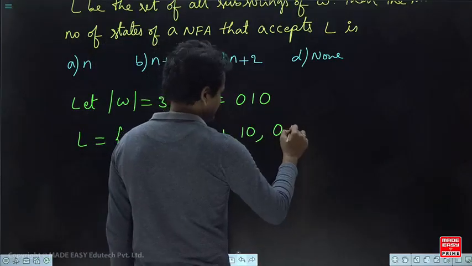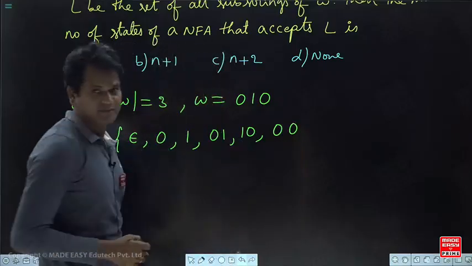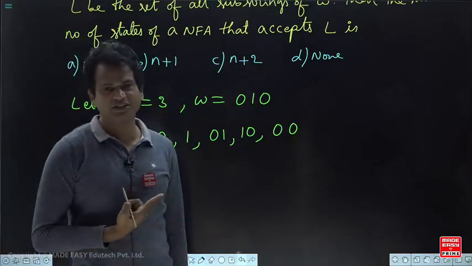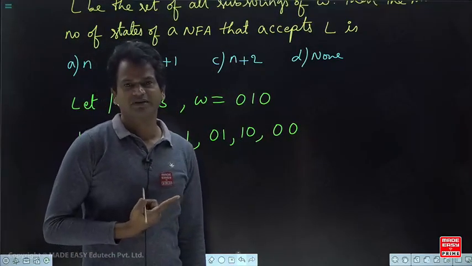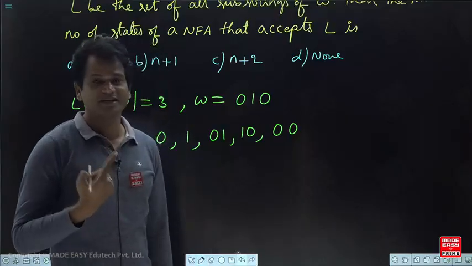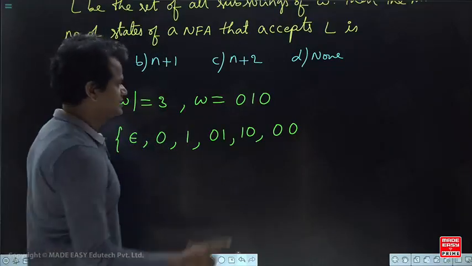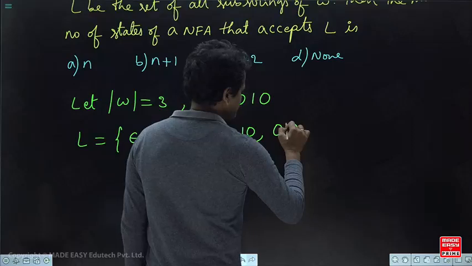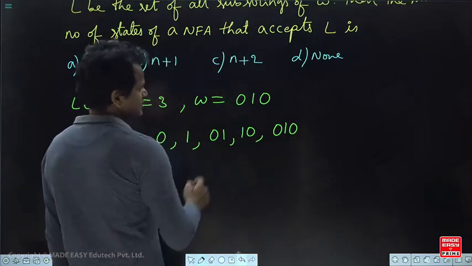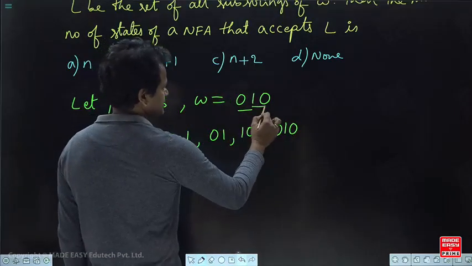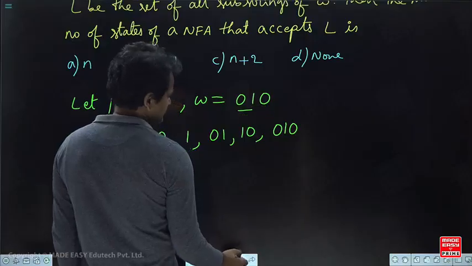Are you following? Is 0, 0 a substring of 0, 1, 0? Substring means a continuous part. Okay, 0, 0 is not a substring. 0, 1, 0 is a substring. So 0, 1 and 1, 0, and 0, 1, 0. All these are substrings.